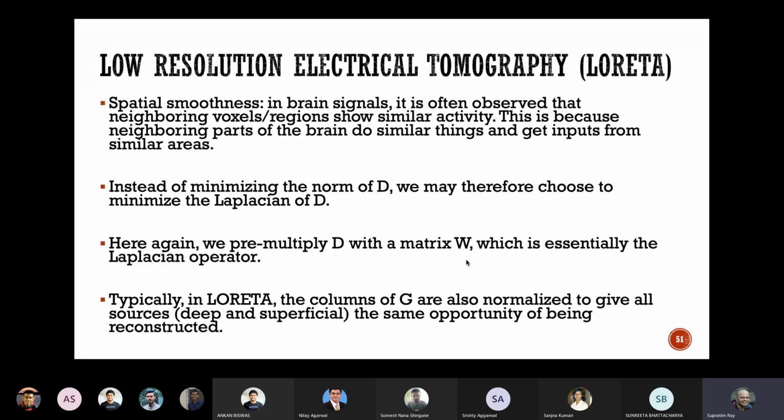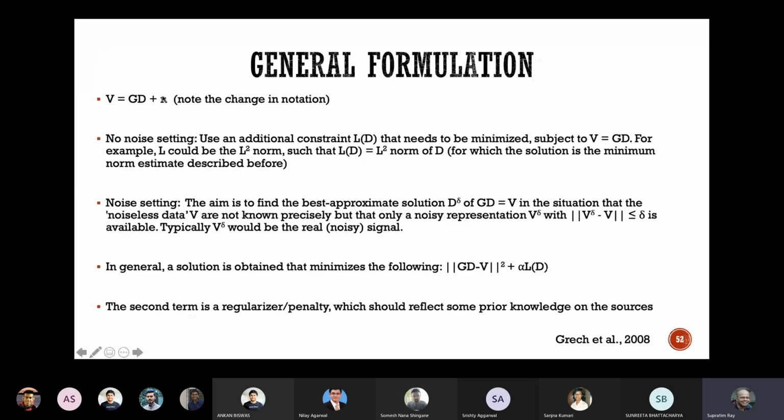But the general form, when you also have noise in the system, is that you try to minimize this. Okay, earlier we were just minimizing L of D, where L is some sort of a constraint that is put. We could talk about the L2 norm of D, which would then give me the minimum norm solution. But the general form, you try to minimize this.